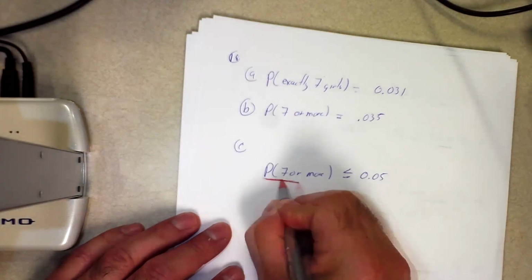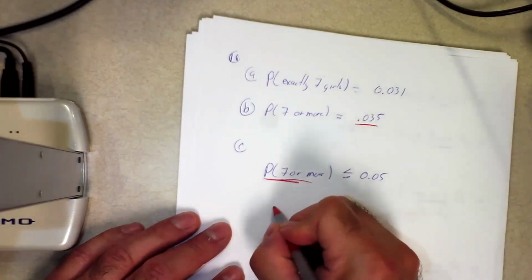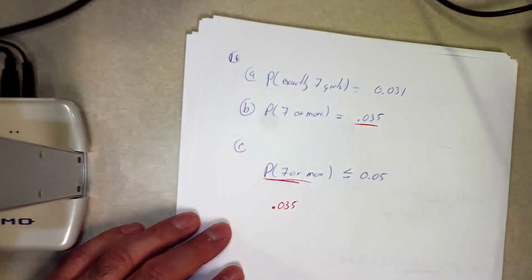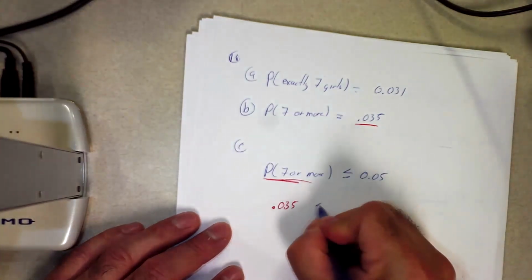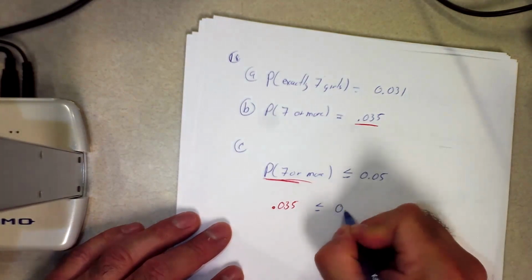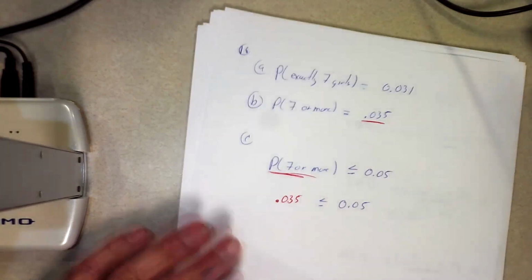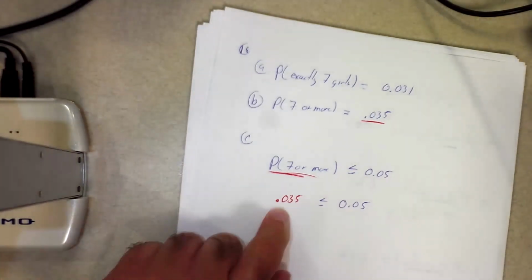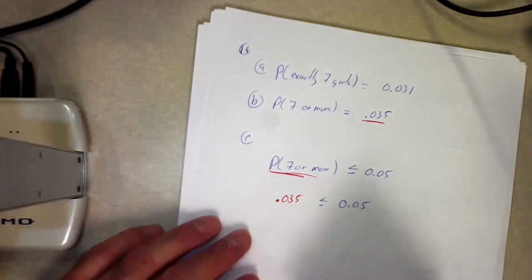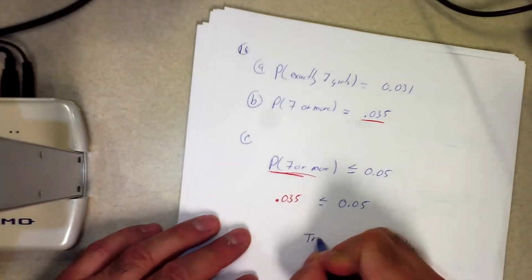I want to see if this is true or false. Is 0.035 smaller than a nickel? You can round it off, that's 4 cents. Is 4 cents smaller than 5 cents? Yes, it's true.